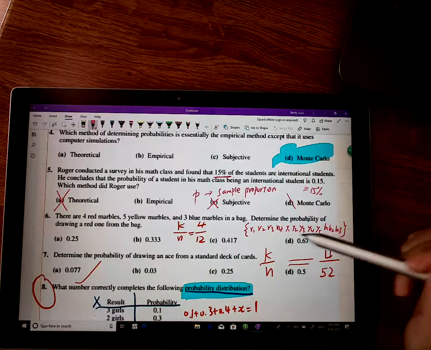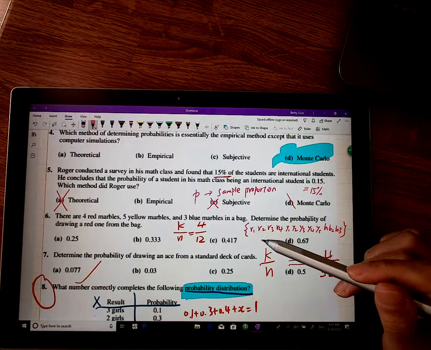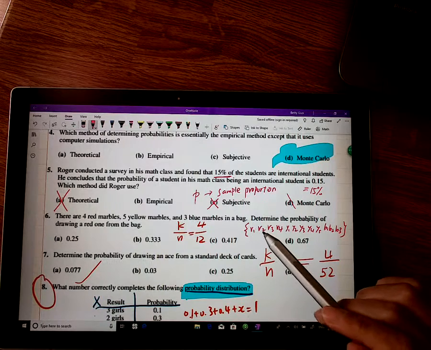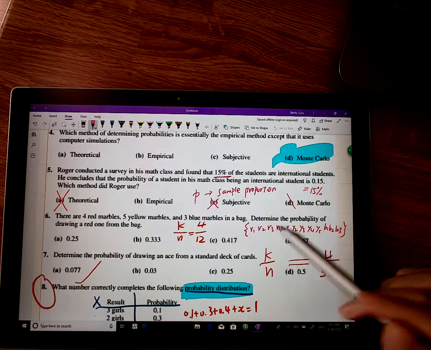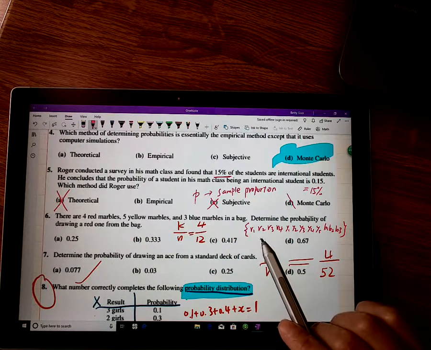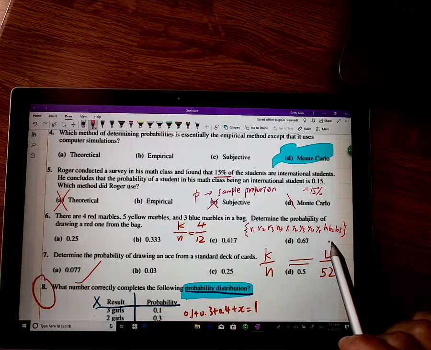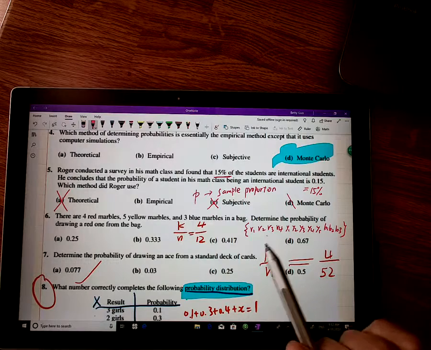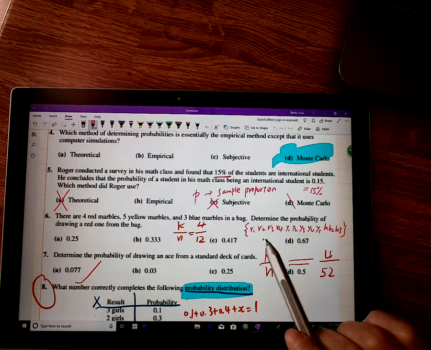Do you agree with that? This is a theoretical probability model. The sample space includes all the 12 marbles. They are equally likely to be chosen, so it is theoretical.